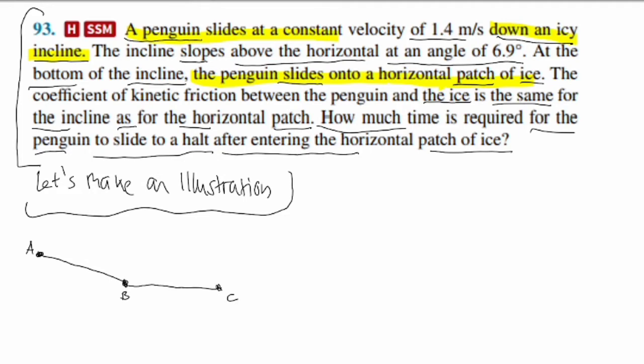And we know that the angle of the incline slope is 6.9 degrees.